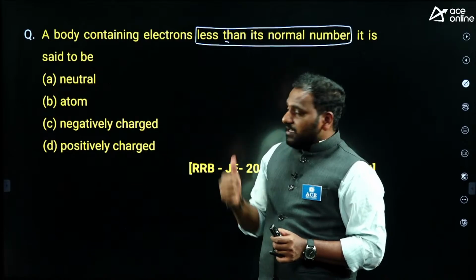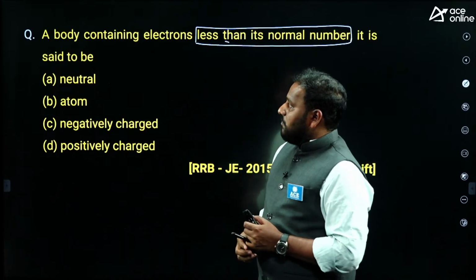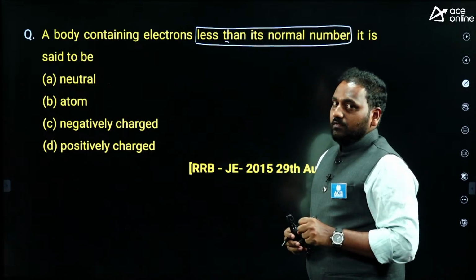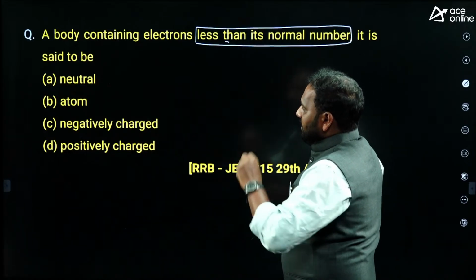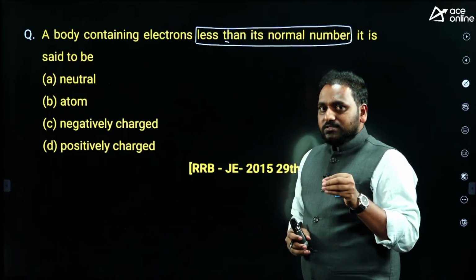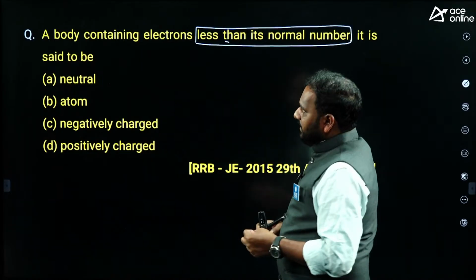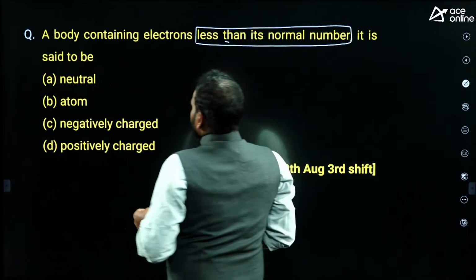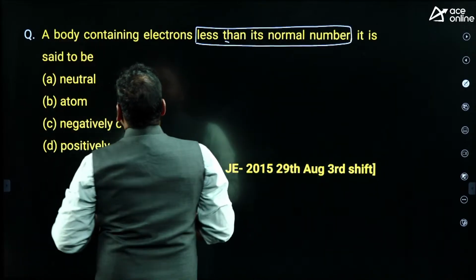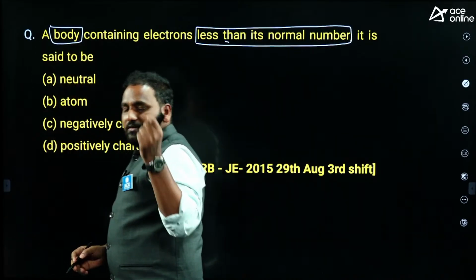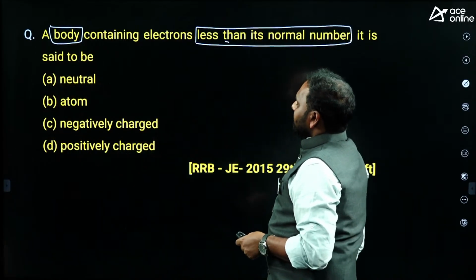But here, it is not about a completed or extrinsic semiconductor material. He is asking the question about a process. During the process, something he observed, and he is asking about a body, this is just a body or element or an atom, containing fewer electrons.